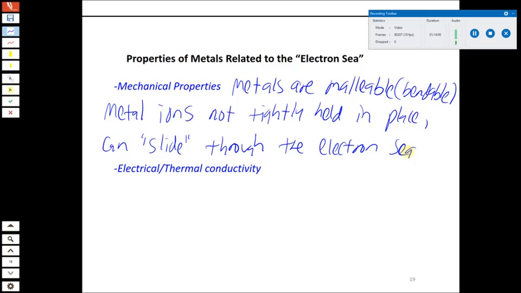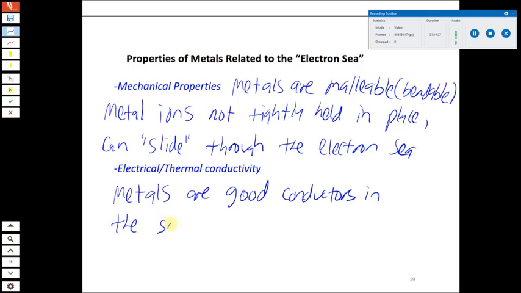And then electrical and thermal conductivity, as you're likely already aware from other contexts, metals are very good at conducting both heat and electricity. All right, so metals are good for both thermal and electrical conductivity, both in the solid and the liquid states where you have this significant metallic bonding present.